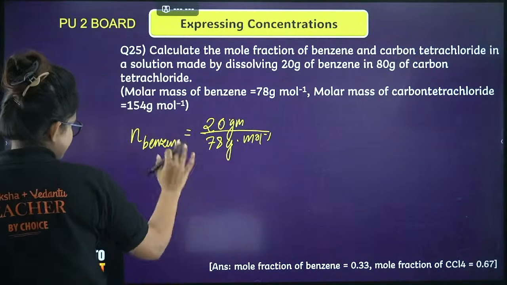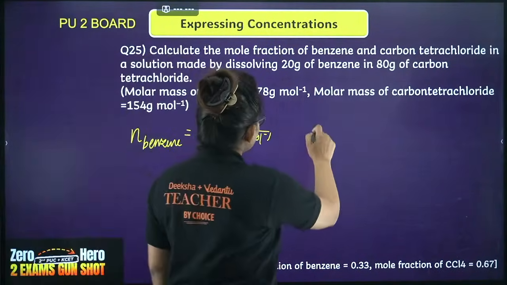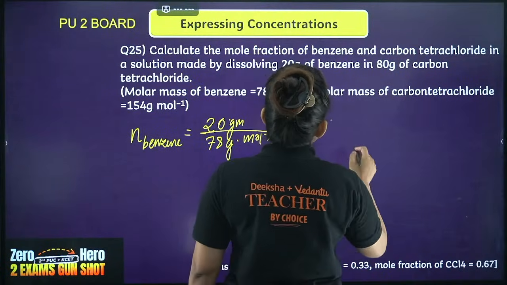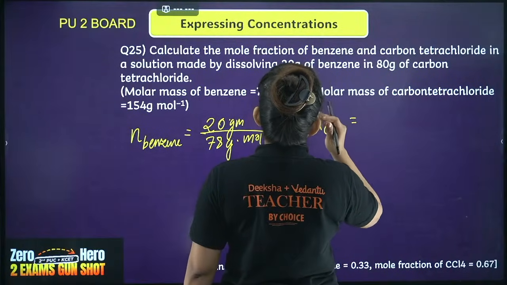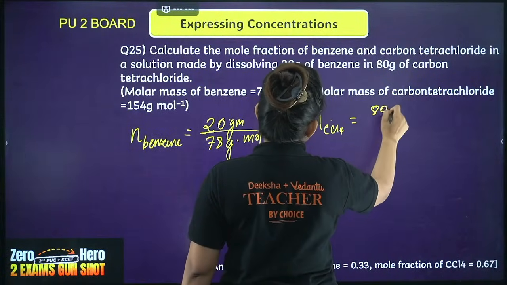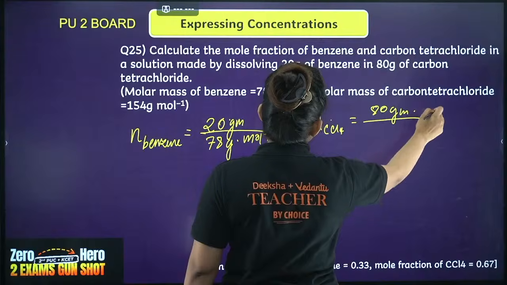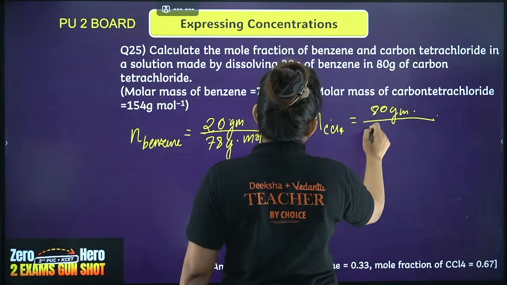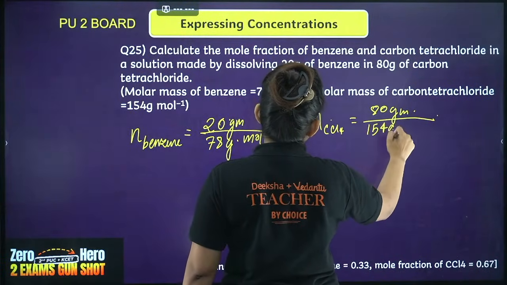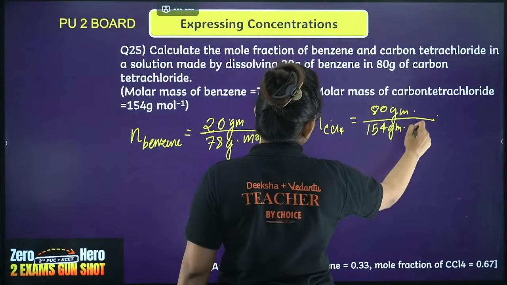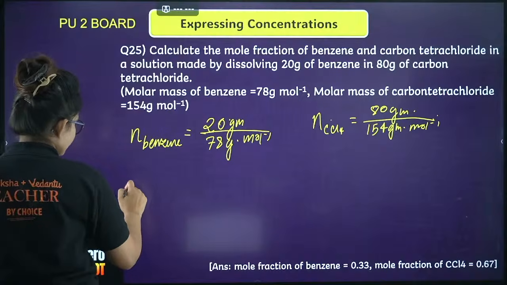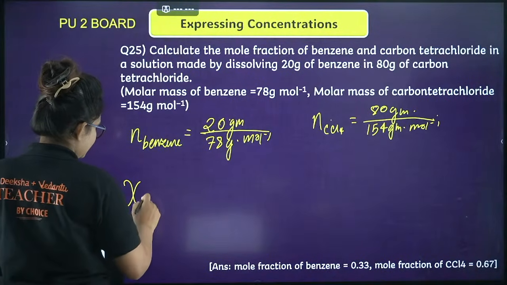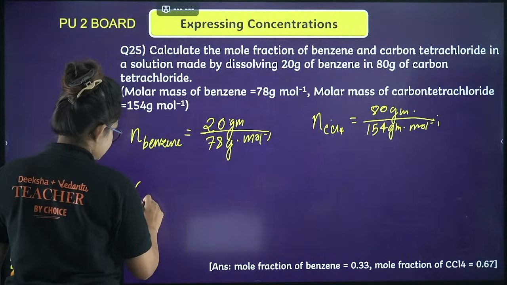Something will come, I am not calculating here. And the number of moles of carbon tetrachloride, CCl4, is 80 gram divided by 154 gram per mole.